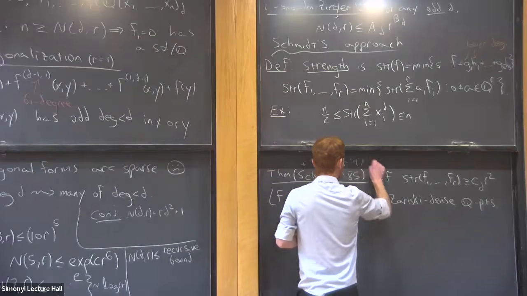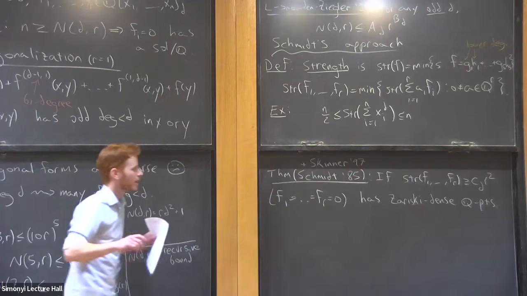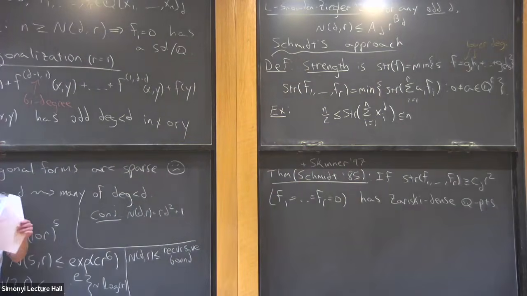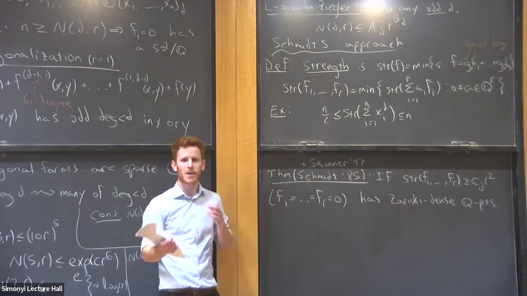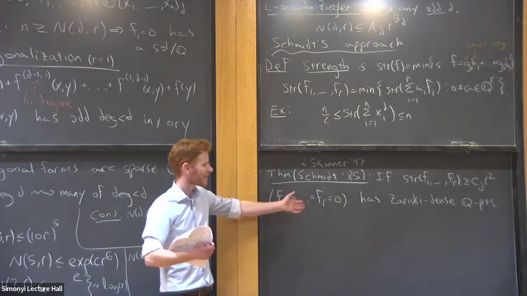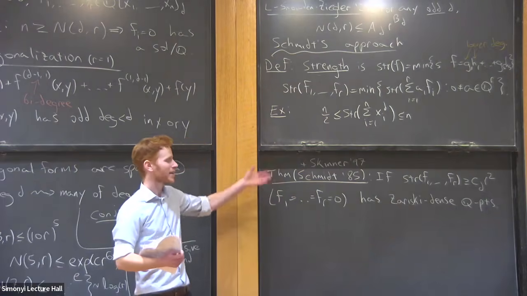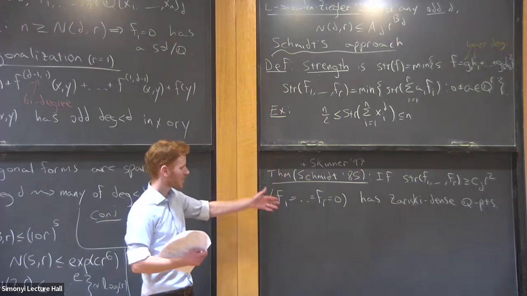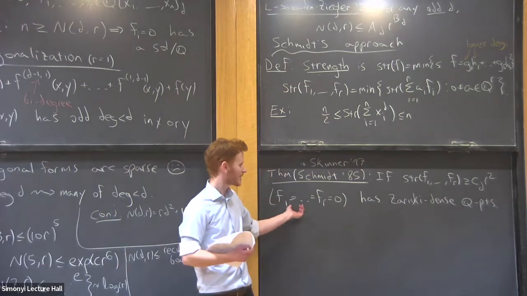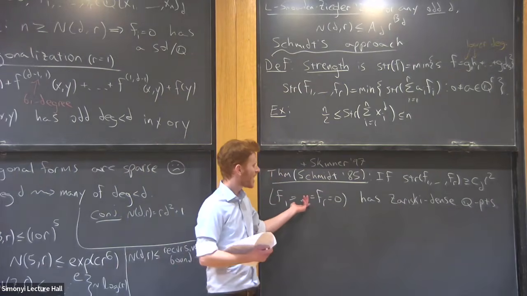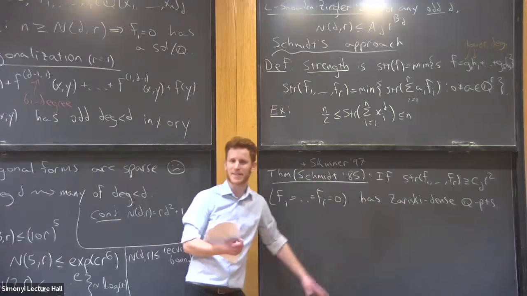So Chris Skinner showed you can use this counting formula to prove weak approximation. So the embedding of your rational points, you can approximate any set of local solutions by a global solution, and in particular that applies to Zariski density.